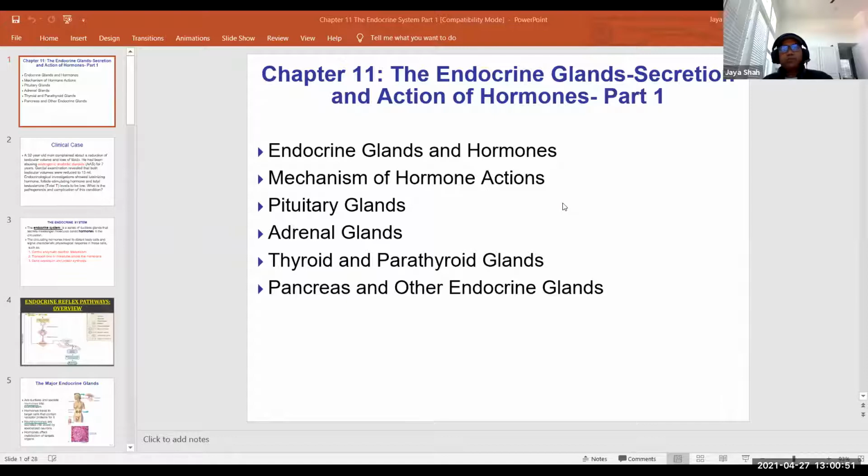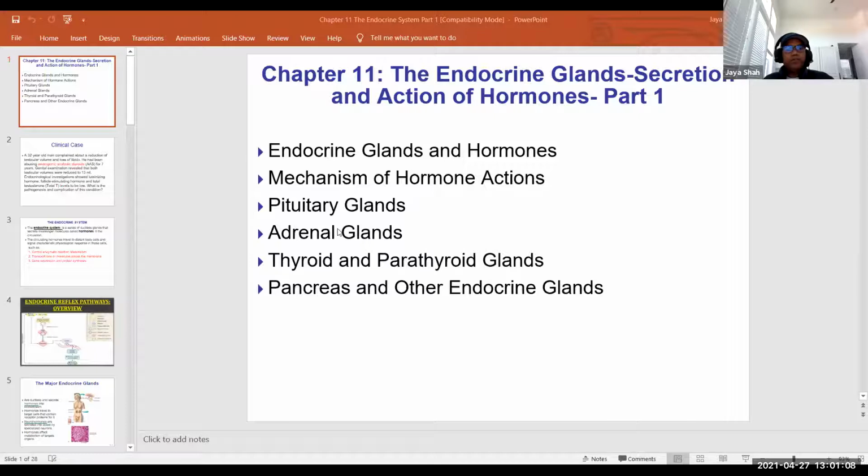We will go into detail about the hydrophobic hormones, which are lipid soluble hormones, and we will touch base with the water soluble hormones. Okay.